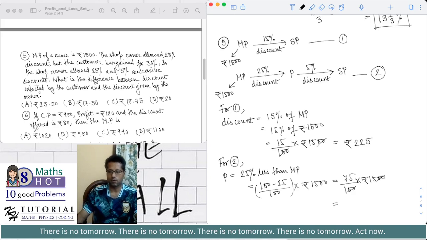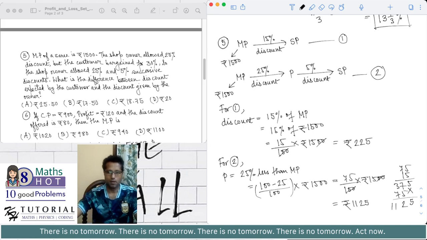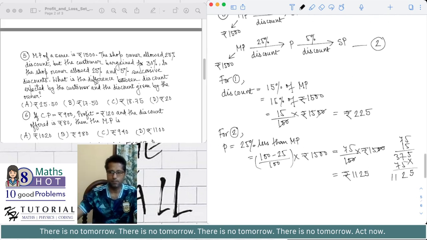This cancels out, and how much is 75 multiplied by 15? The value of P is 1125.